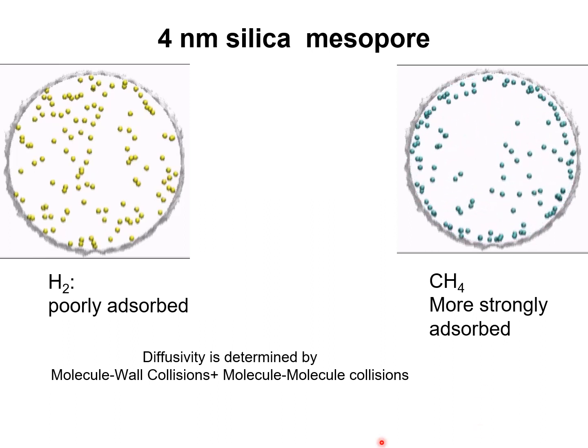In order to determine the diffusivities of these two gas molecules, we need to combine molecular wall collisions with the molecule collisions to determine the diffusivities of any gas inside a mesopore.